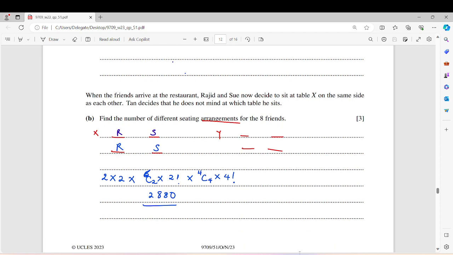So here they're saying when the friends arrive at the restaurant, Rajid and Sue now decide to sit at table X on the same side as each other. Tan decides that he does not mind at which table he sits.